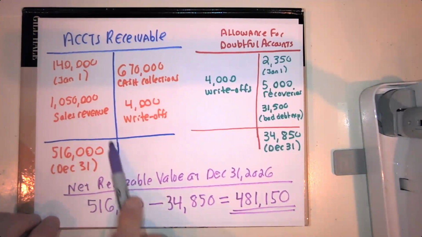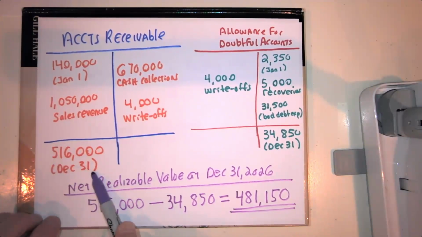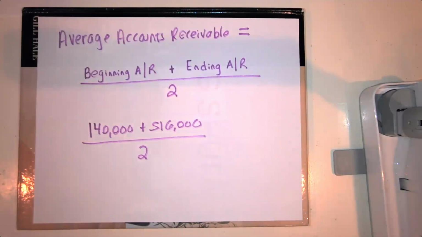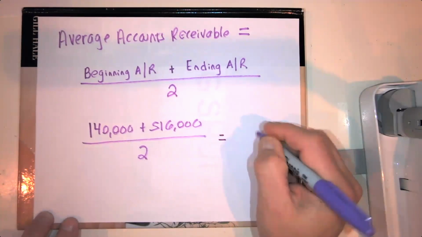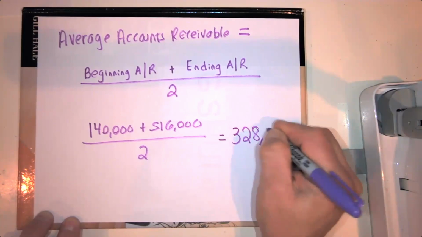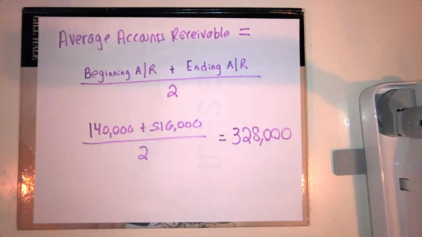We did a T account and we're able to determine at December 31, the end of the year, the accounts receivable, 516. Add them up, divide by 2, and that gives us an average accounts receivable, 328,000. And that is the number that we will put in the denominator of our ratio.